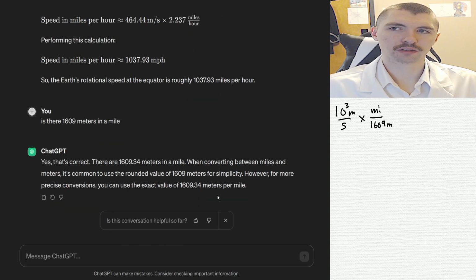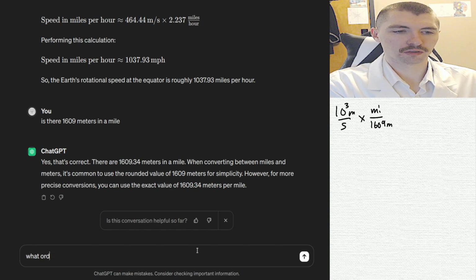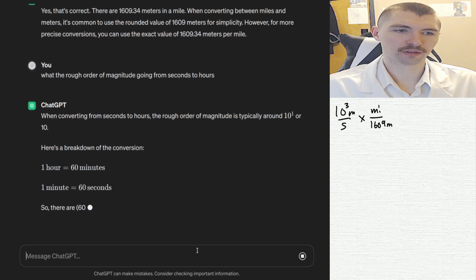Yes, that's correct. What's the rough order of magnitude going from? It should be 10 to the 4.